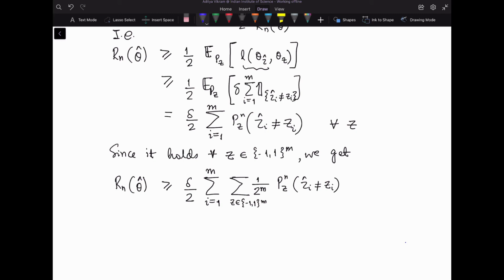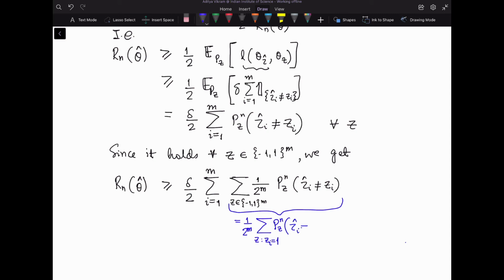Right, so let us rewrite this thing here. Let's break this z into 2 sets. All the z's for which the ith coordinate is plus 1, right? And we write the same thing.